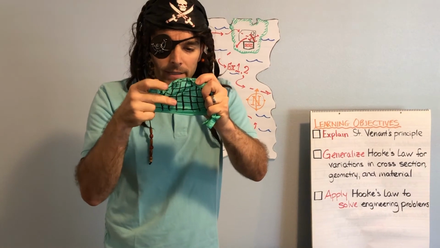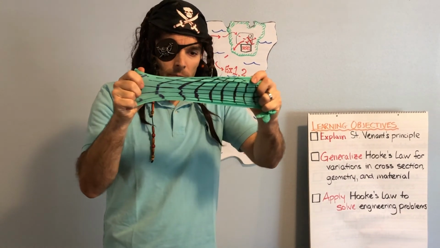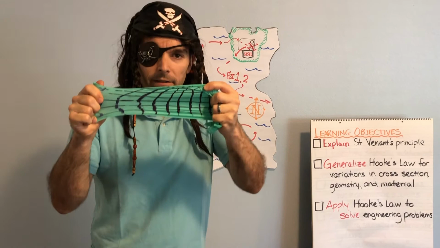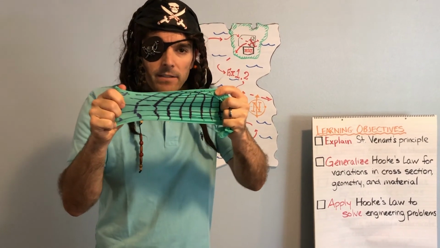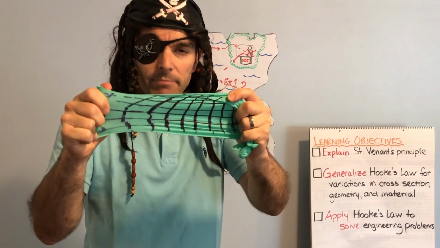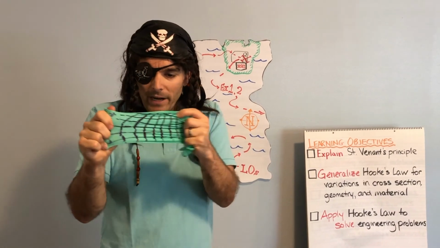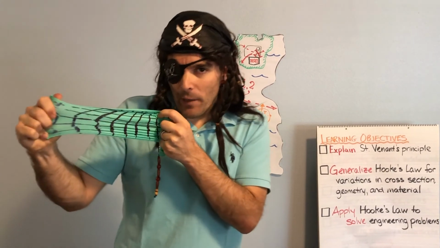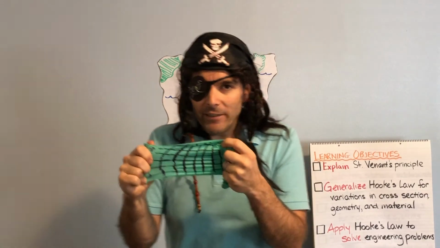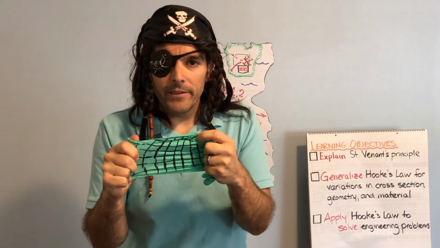But when we come out to the middle, somewhere over here, we see that we have somewhat of a uniform stress condition. So that's kind of the first part of St. Venant's principle, is that when we are sufficiently removed from the load application, we have uniform stretching behavior.